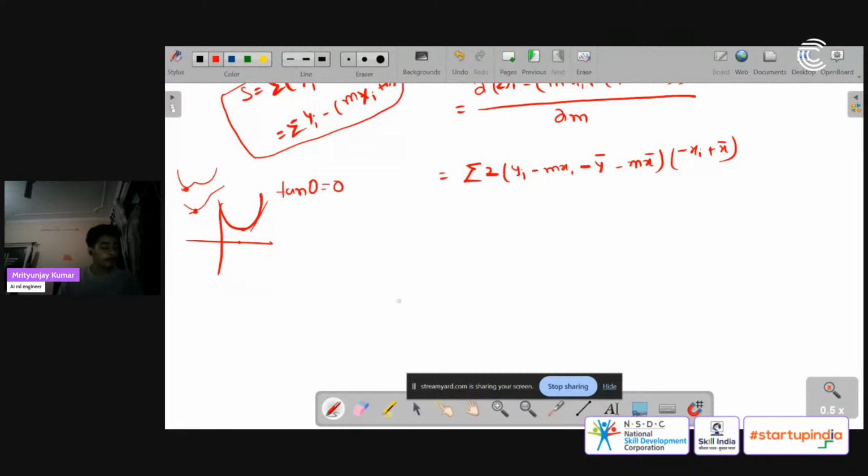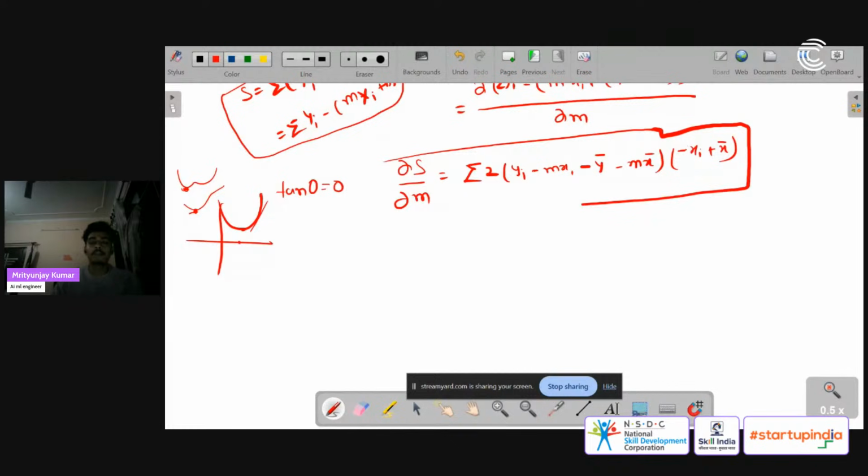So again, this equation is nothing but dS by dm, and we are going to put it equal to 0. If anyone has prior knowledge of maxima and minima, then they can understand very easily. So now dS by dm equal to 0 means this equation equals 0, right?